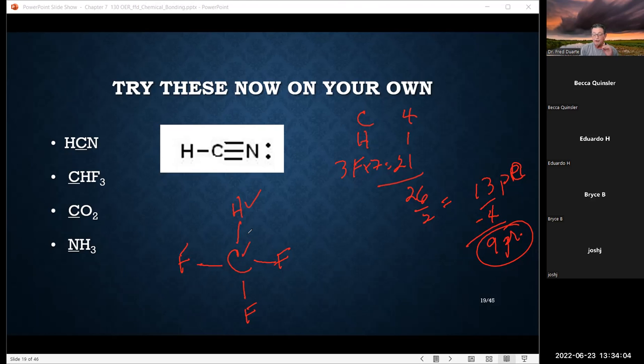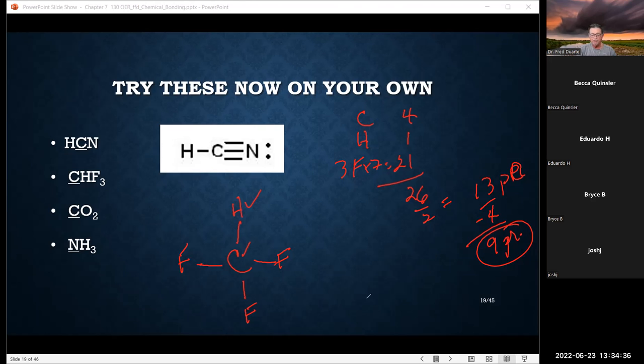Remember, I can't. The magic number is 8. Okay. I see a lot of central atoms with 10 and 12 electrons. That's totally incorrect. You gotta adjust the electrons so that everybody, regardless of where they're at, has 8 electrons around it. Okay, since carbon is done, the only logical place they must go is around each of the fluorides.